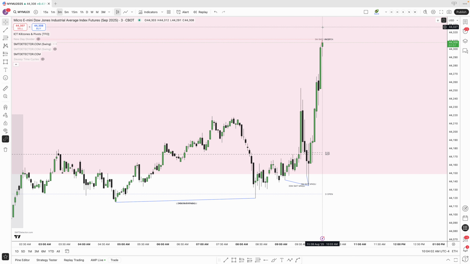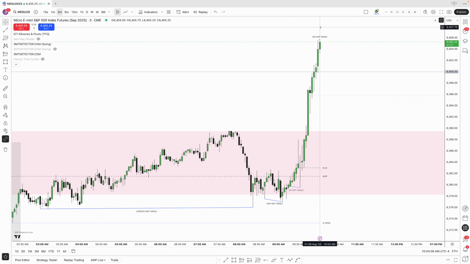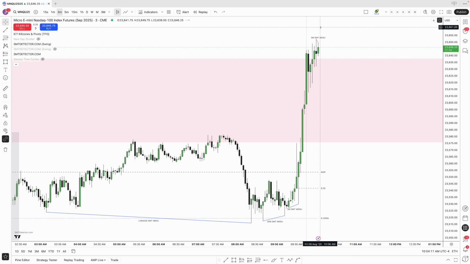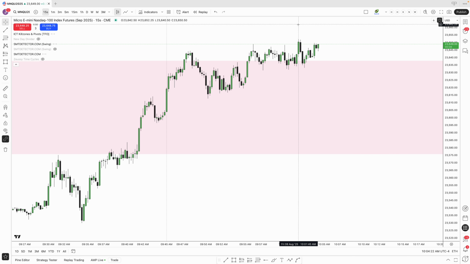Okay, we have the SMT with YM. YM making a new high there at 03. Same with ES. NQ lags. Time to zoom in. And time to zoom in even more because I can't see anything there.